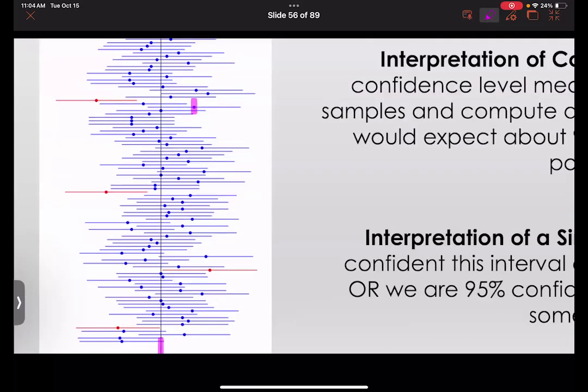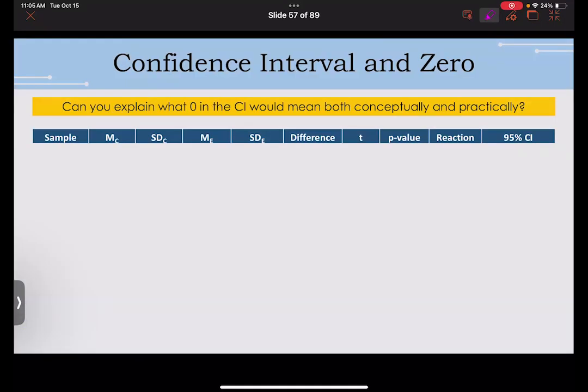So the dot is the parameter estimate and the line is the confidence interval. A 95% confidence interval is saying 95% of those intervals will have the real parameter in it, 5% will not.